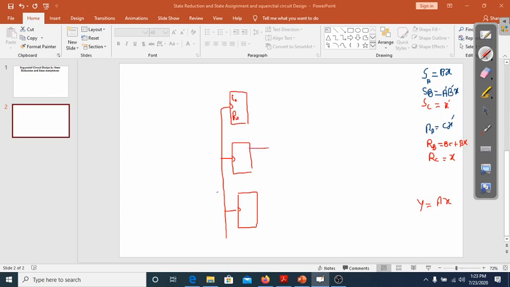This is flip-flop A, so its output is A. This output is B, so its inputs again are SB and RB. This output is C and its inputs are SC and RC.